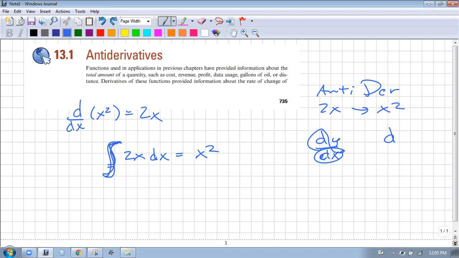This funny skinny long s is the integral operator, or antiderivative operator, right? And this is telling you which variable you're taking the antiderivative with respect to.